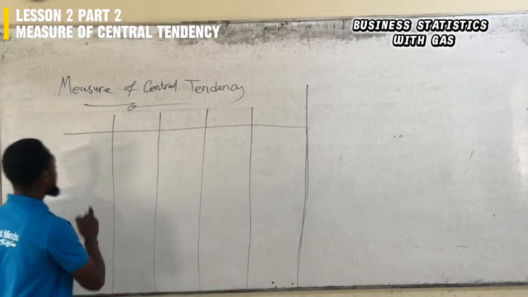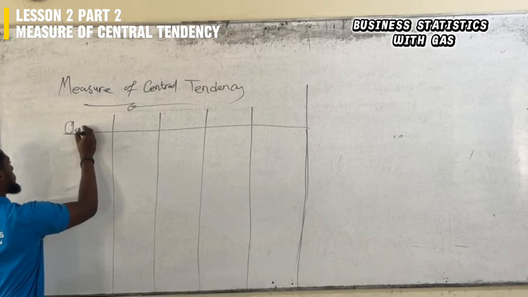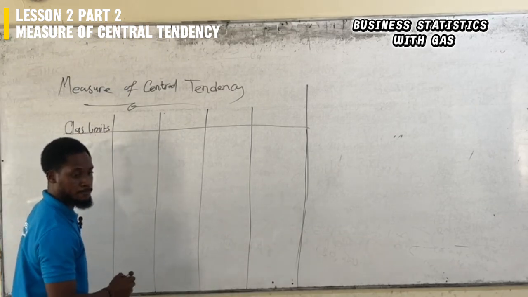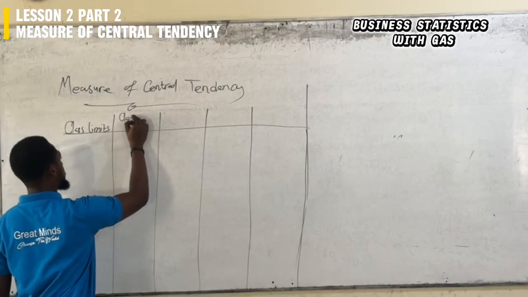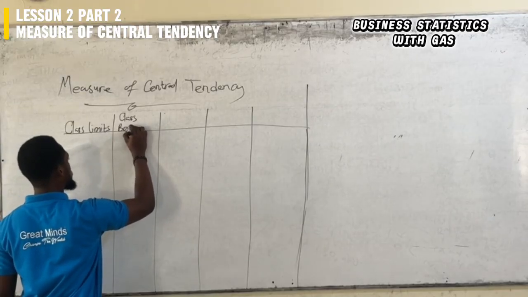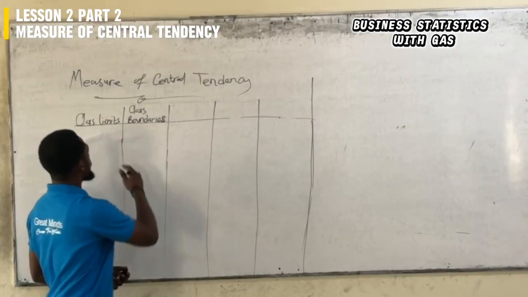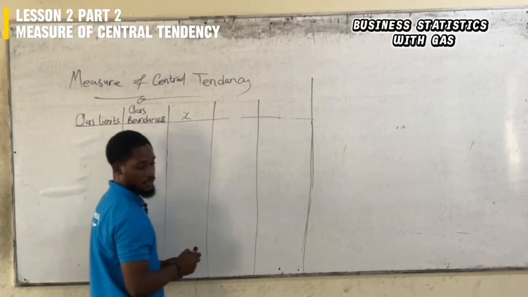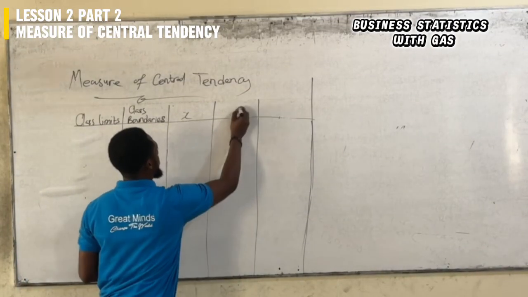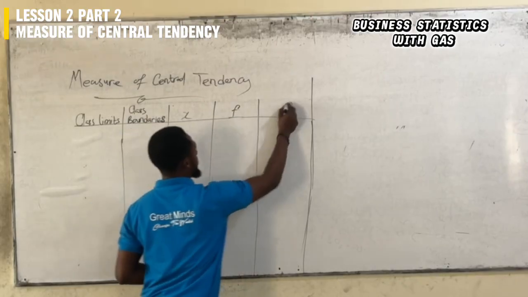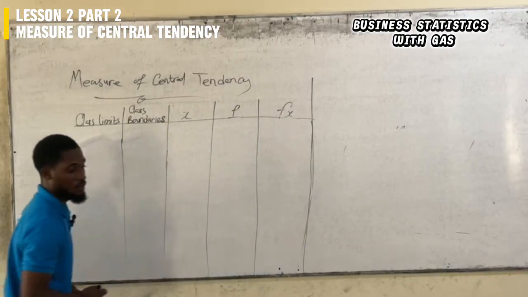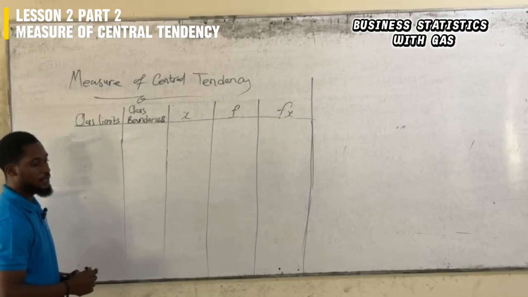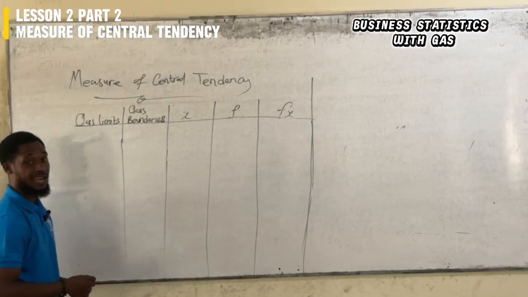We have our class limits, our class boundaries. From class limits and class boundaries, we proceed to x, then f, then fx. Now let's input our class limit values. Then from there we proceed to our class boundaries.